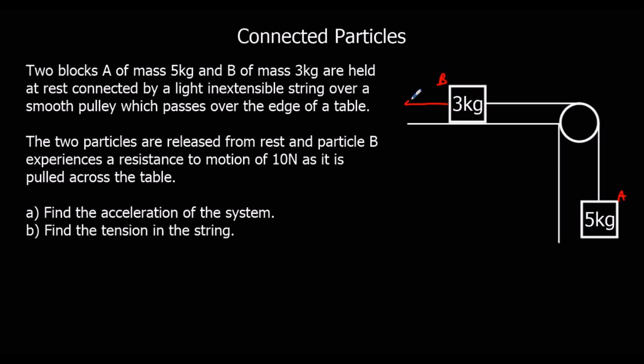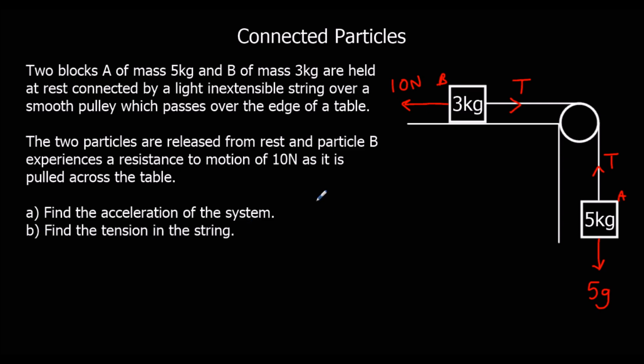So we've got a 10 Newton force opposing the motion here. We've got tension pulling it forward, tension opposing the 5 kilogram block, and we've got the weight, which is 5g, of the block that's hanging in the air. And yep, it's been released from rest, and that is all.